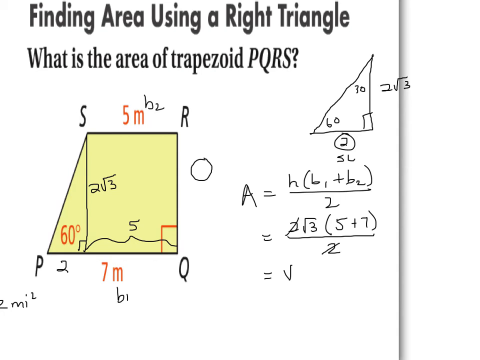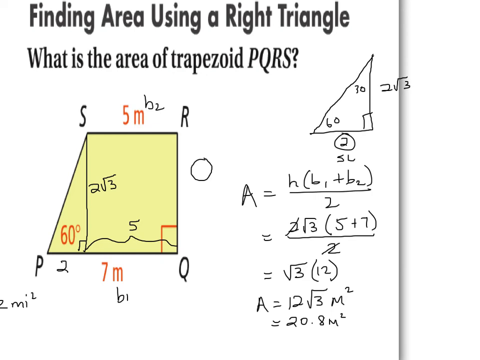So this is really the square root of 3 times 7 plus 5, which is 12. The area here is 12 times the square root of 3 meters squared. If you calculate that number, 12 times the square root of 3 rounded to the nearest tenth is 20.8 meters squared.